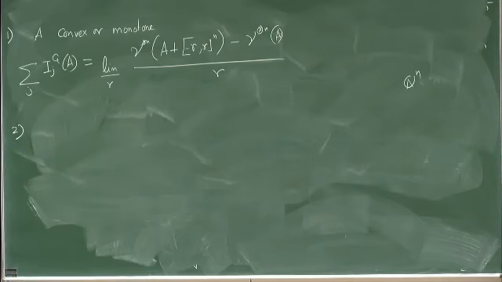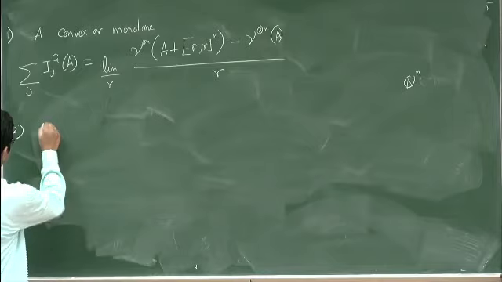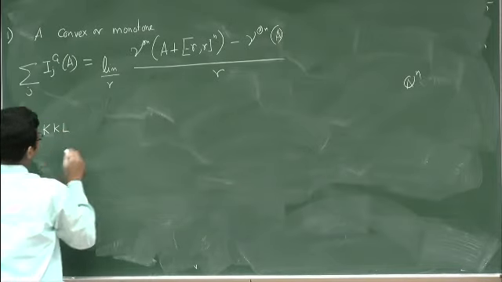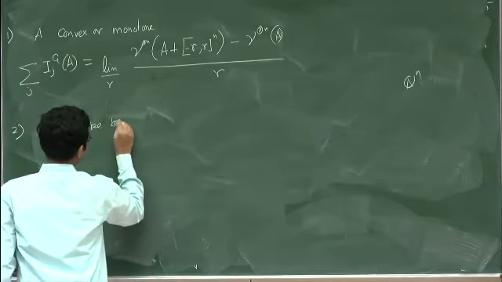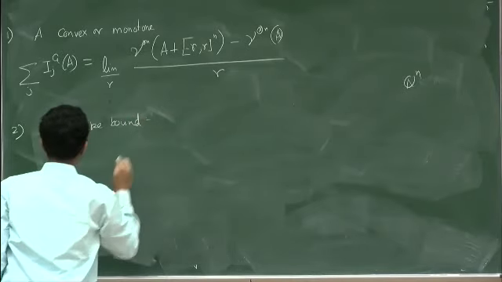And our main contribution is the KKL type bound, at least for Gaussian space. Let me just state the Gaussian case.